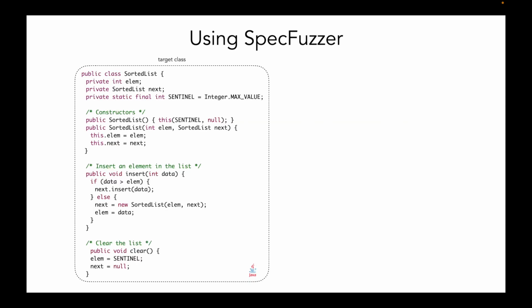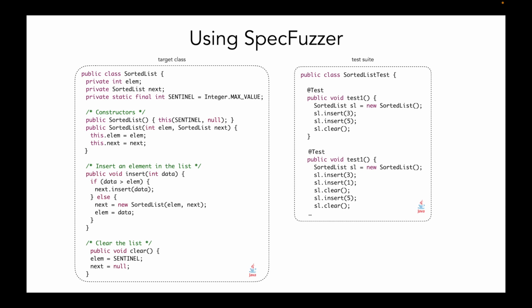To illustrate the usage of SpecFuzzer, let's consider the following implementation of ordered lists of integers featuring a method to insert an element in the list and a method to clear the list. Also, let's assume that we have the following test suite executing the methods of the sorted list class.